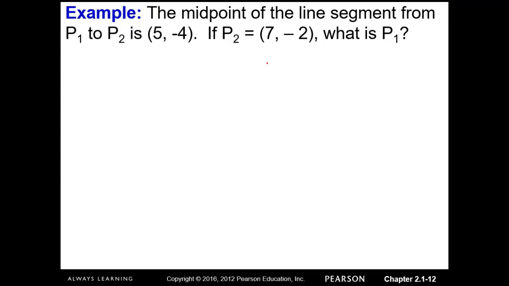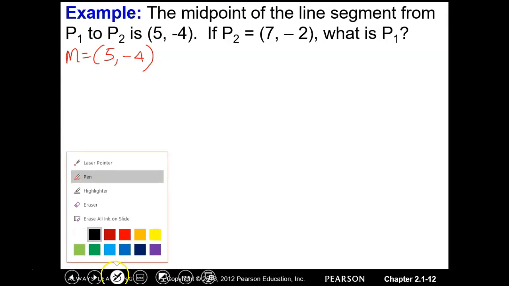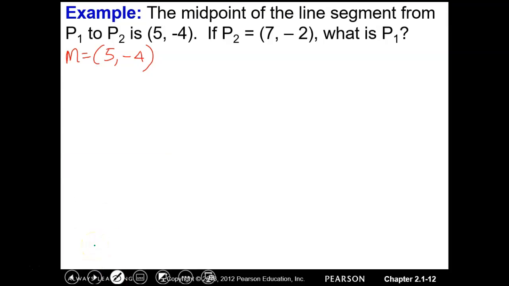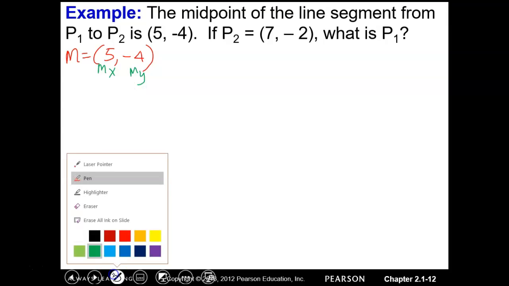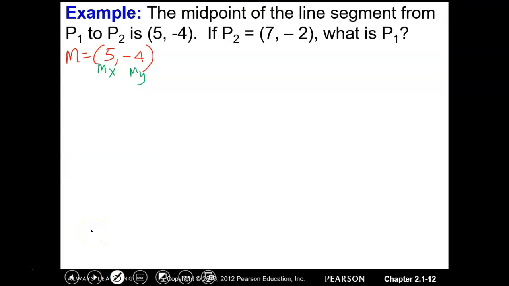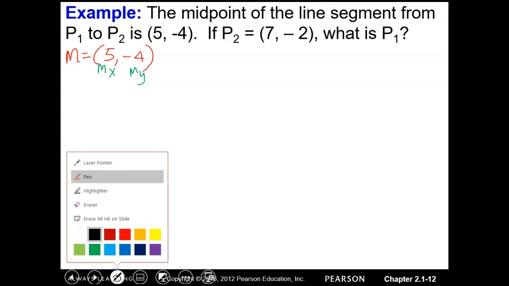So the midpoint is 5, -4. That means this is for the midpoint of x, and this is the midpoint of y. Okay, so it's good to define things so you don't put the right thing in the wrong place.